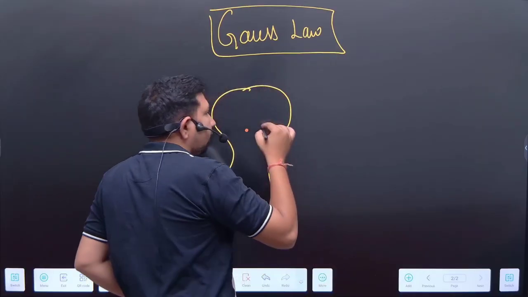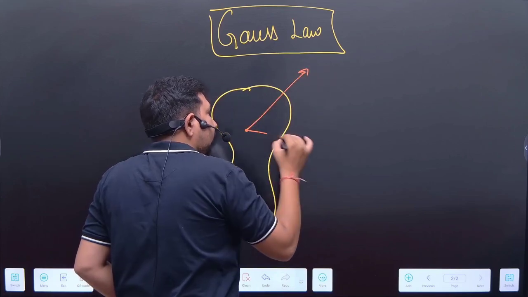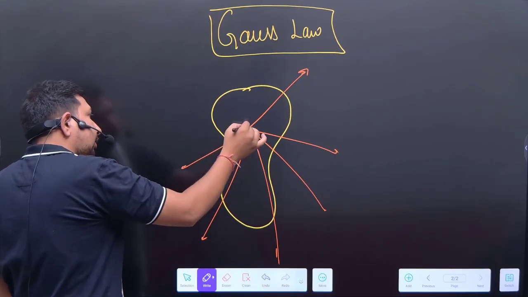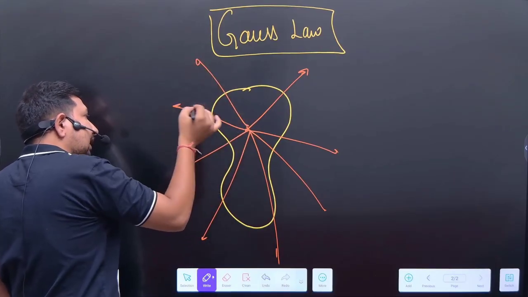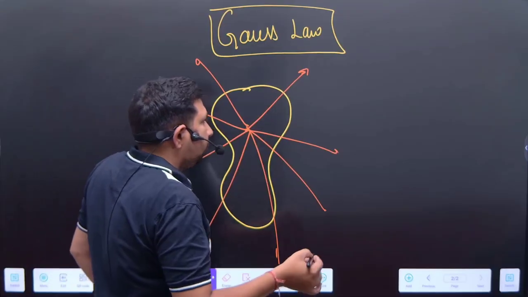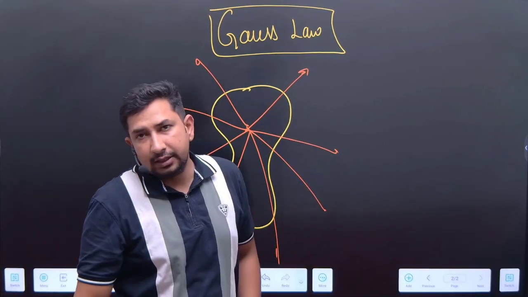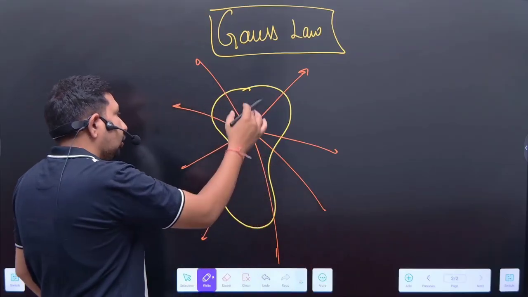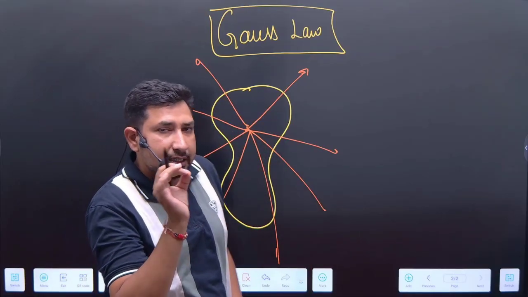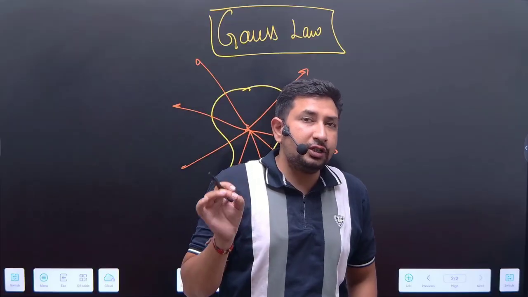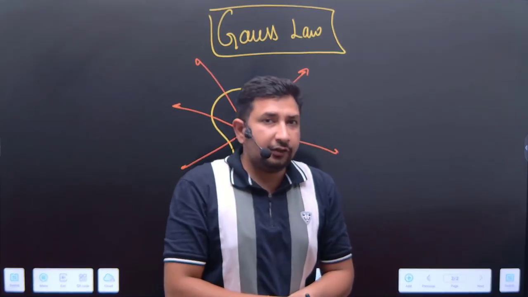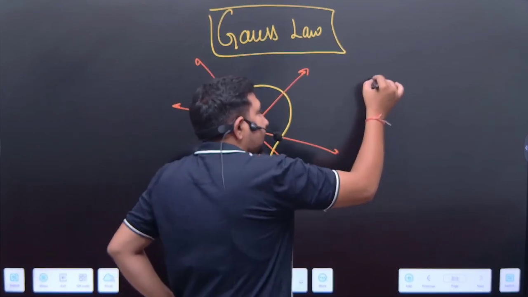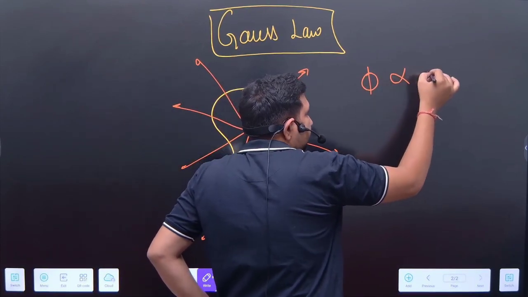The total number of field lines coming out from the charge, or crossing this area, should be directly proportional to the charge. So the flux coming out from this closed shape in which some charge is enclosed is directly proportional to the charge enclosed inside the three-dimensional shape.